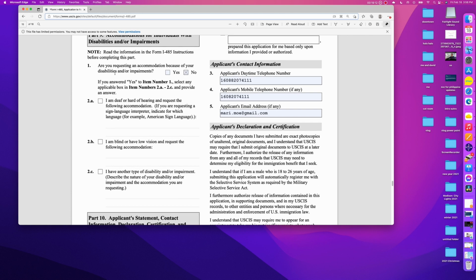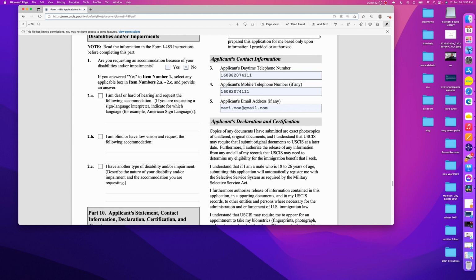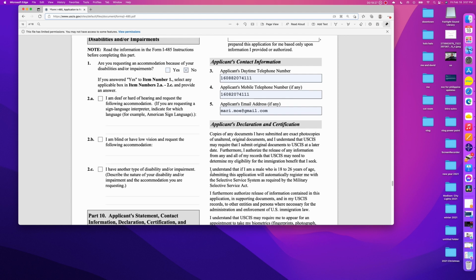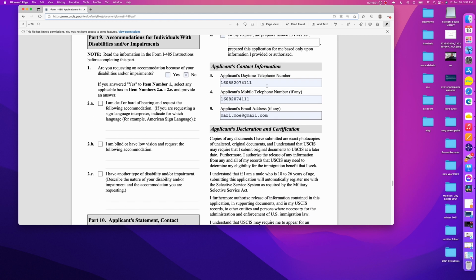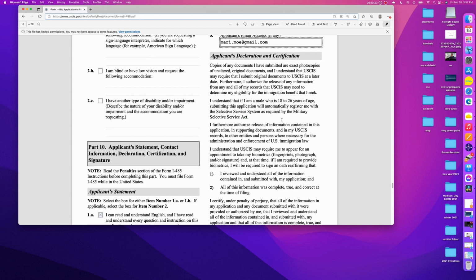Are you requesting an accommodation because of your disability? No, because you're not disabled, you don't have impairments. But if you have, you check if you're deaf, blind, or other types of disability. And then the applicant's contact information, your phone number and your email address.